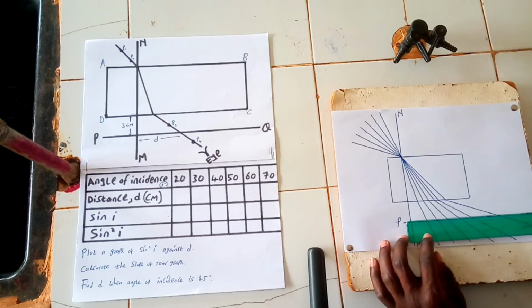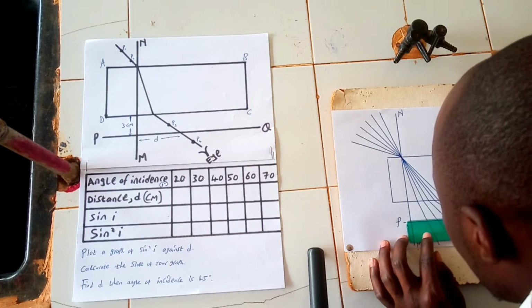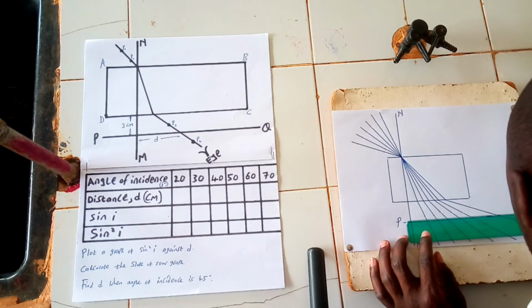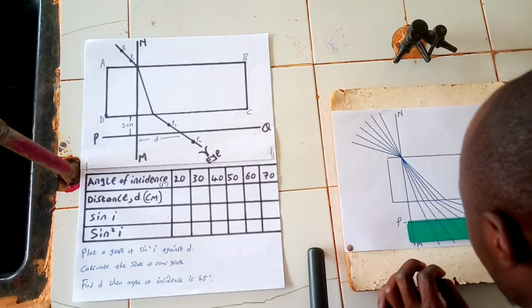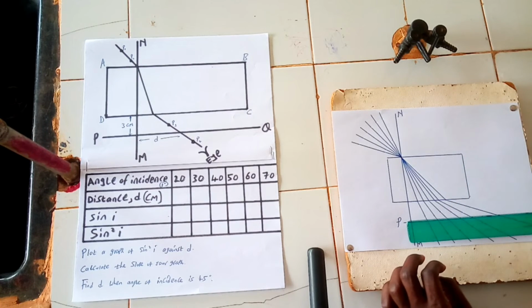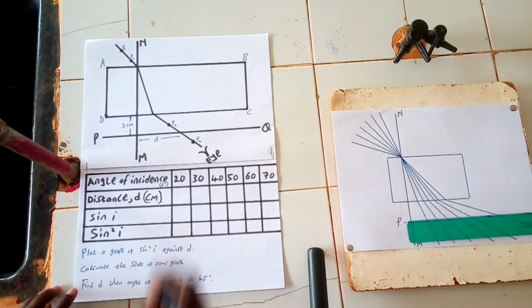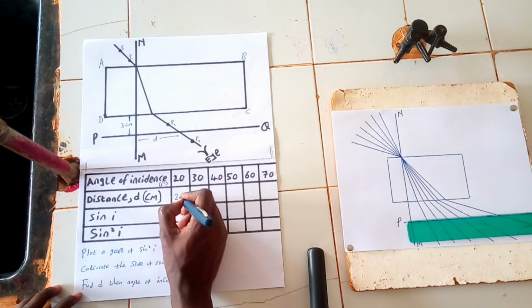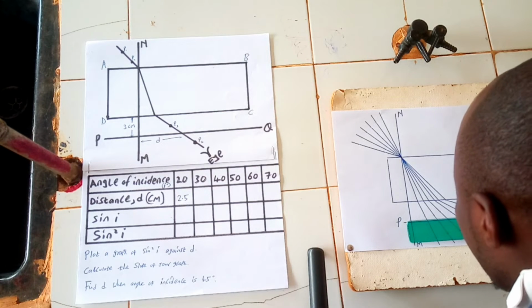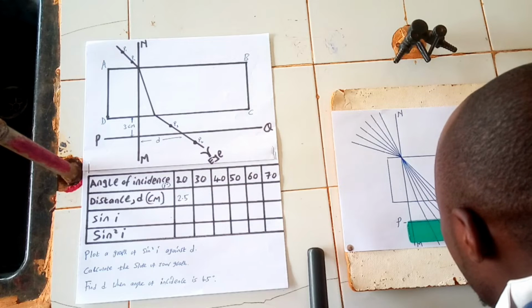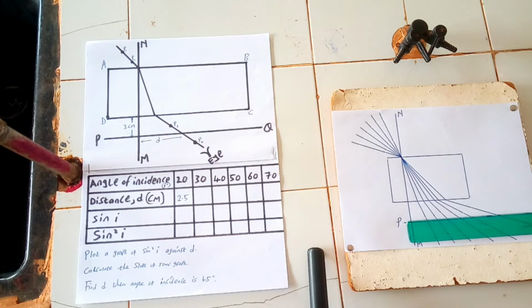I'll just be reading each distance individually and recording because they are all here. So the first one is 2.5 centimeters. The second one is 4.1.